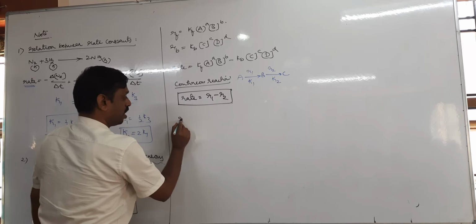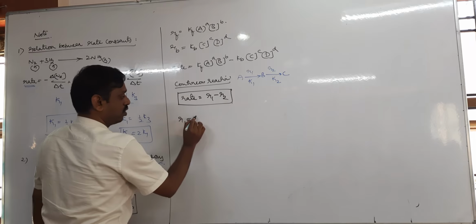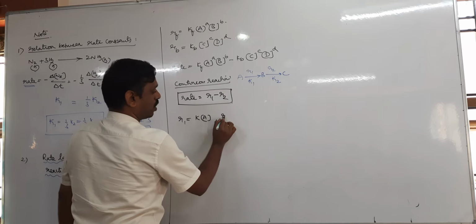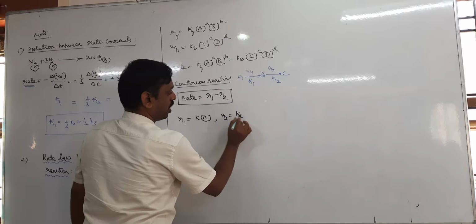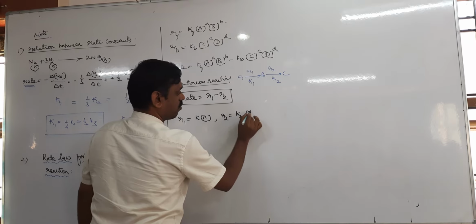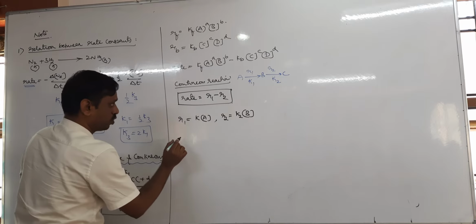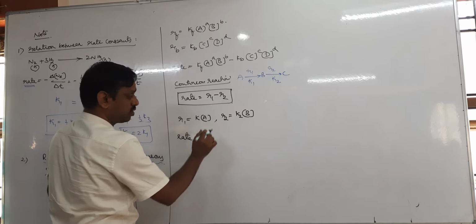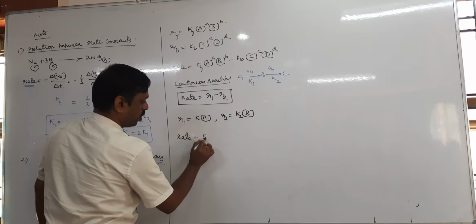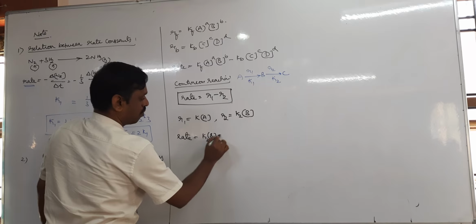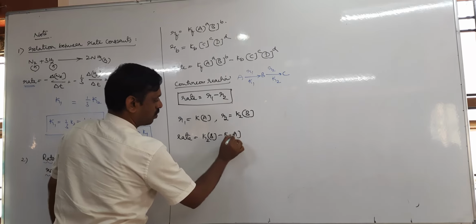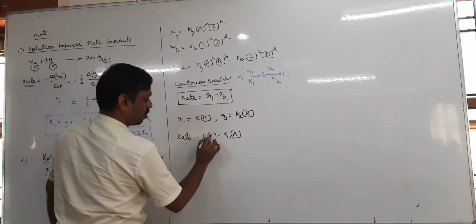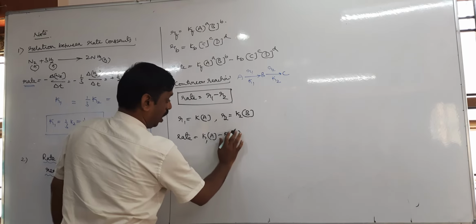Tell me, what is R1 equal to from the above equation? K1 into molar concentration of A. What is R2 equal to? K2 into molar concentration of B. Then substitute, the net rate equals K2 into B minus K1 into A, R1 minus R2.